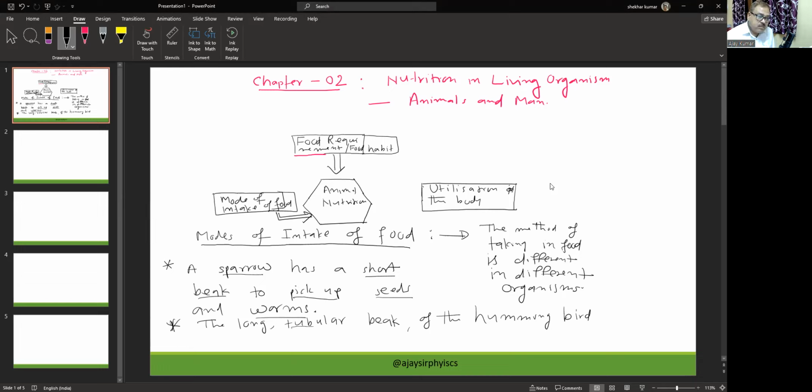Long tubular beak of hummingbird helps it to suck nectar from the flowers.